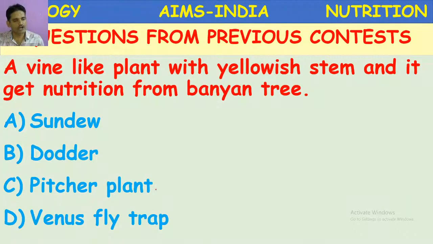Pitcher plant is also an insectivorous plant. Venus flytrap is also an insectivorous plant. So here, dodder, also called Cuscuta, is the yellowish stemmed plant which grows on a banyan tree and undergoes which type of nutrition here? Parasitic nutrition.